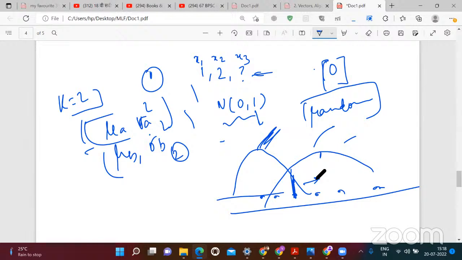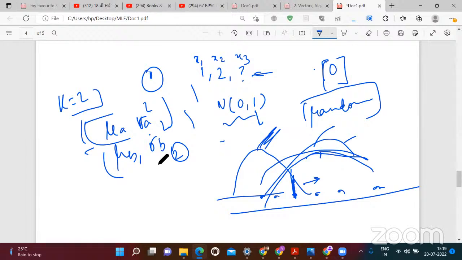So after that, I'll update. This data point will go to the cluster whose responsibility or probability value is much larger, B as compared to A. So this data point will move to this cluster.